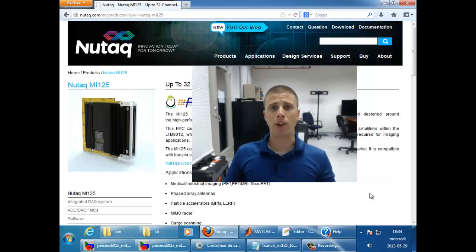In this case, we're going to use the Perseus 601, which is the FPGA board by Nutaq based on the Xilinx Virtex 6 FPGA. We're going to be looking mainly at the crosstalk between the different channels on the same card. Crosstalk is often used to characterize the quality of a multi-channel data acquisition card.